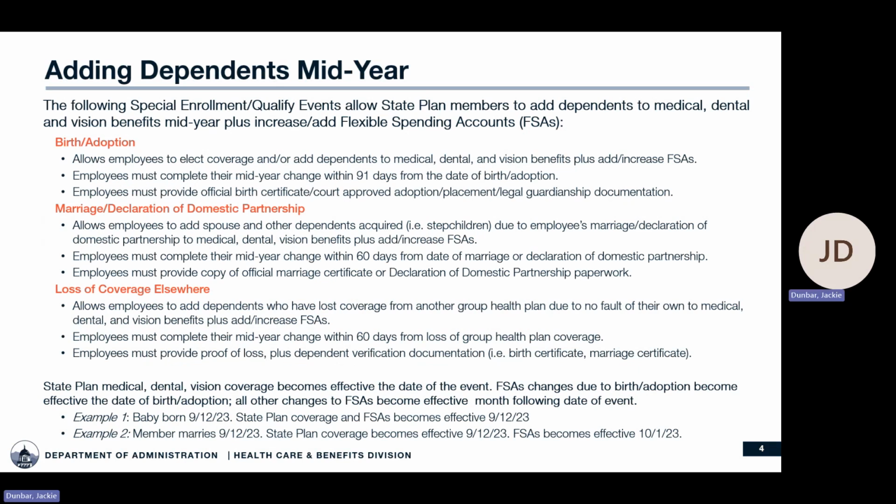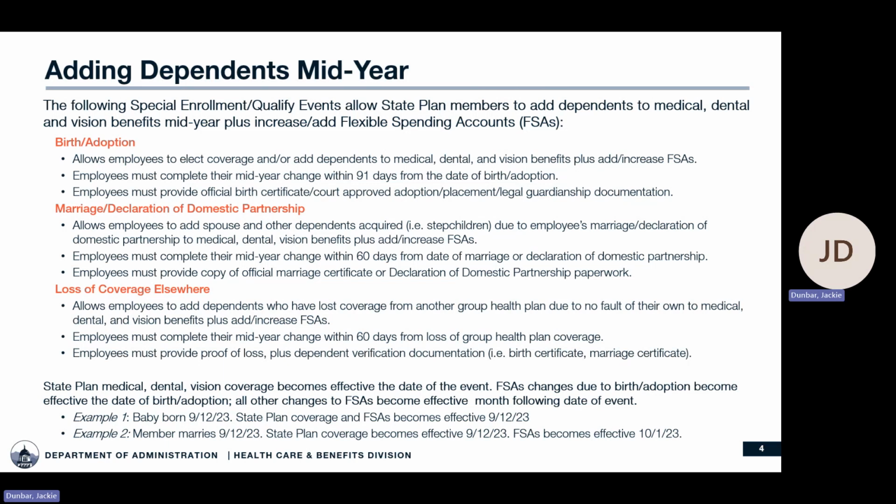Adding dependents mid-year. The following special enrollment qualifying events allow state plan members to add dependents to medical, dental, and vision benefits mid-year, plus increase or add flexible spending accounts or FSAs. Birth or adoption.